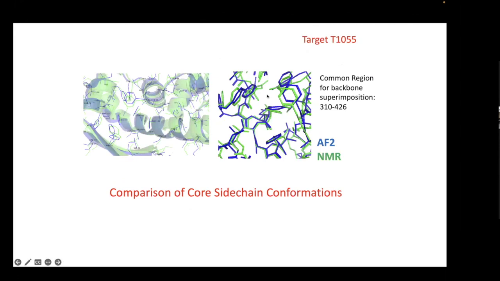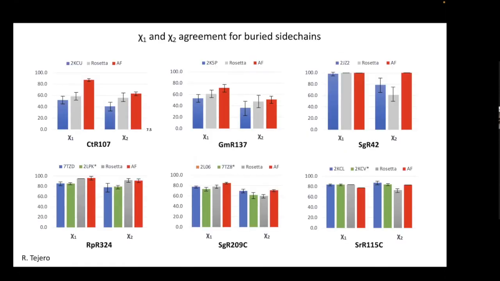A point that hasn't been made is that the quality of the side chains is really outstanding, really quite good. So this is a comparison between core side chains of an AlphaFold 2 model and the NMR structure T1055. And going back to the NMR X-ray pairs that Theresa talked about, this is a plot looking at Chi-1 values or binned Chi-1 values for buried side chains.